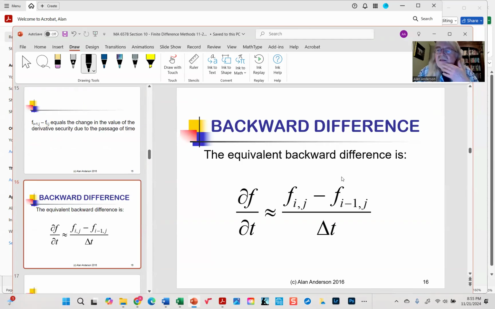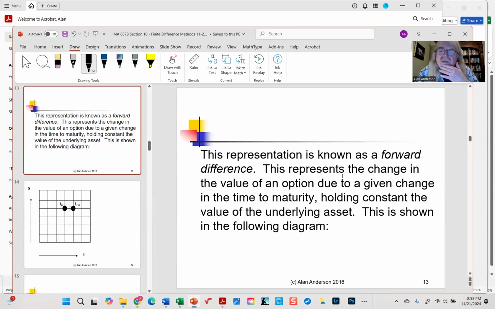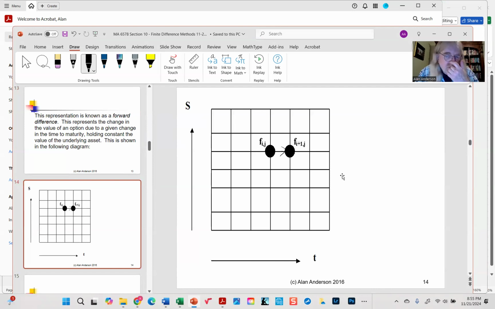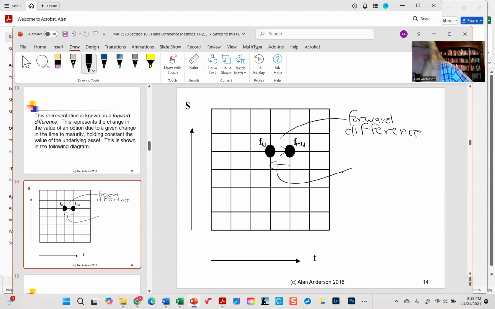Now, by the way, they'll make the point here that there's more than one way of doing this. If you notice here, we're implicitly assuming that we're going from left to right. That's known as a forward difference. Going the other way is, as you can probably guess, known as a backward difference.